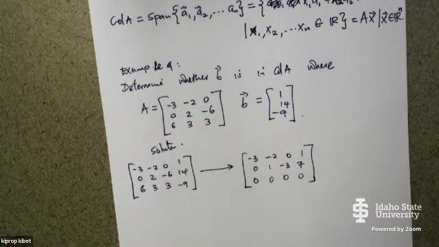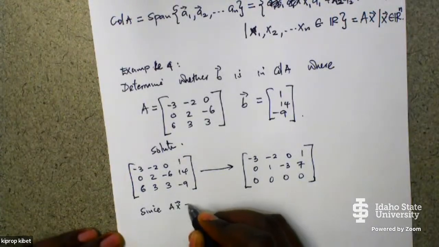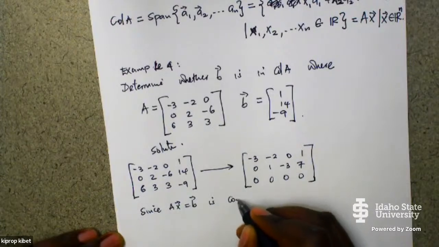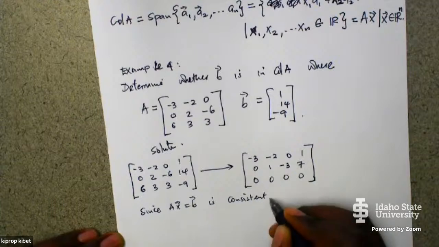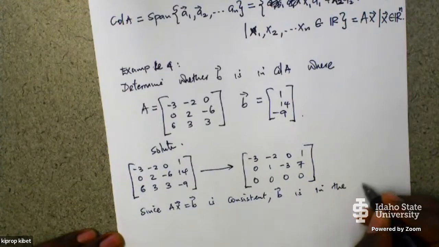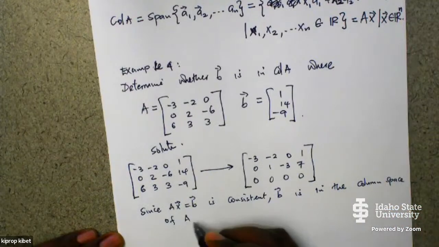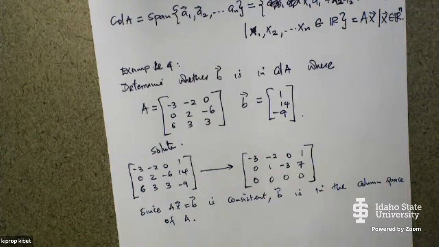So since Ax equals B is consistent, then our B is in the column space of A. As long as this is not contradicted, then it is consistent. So it means B is in the span of these vectors.